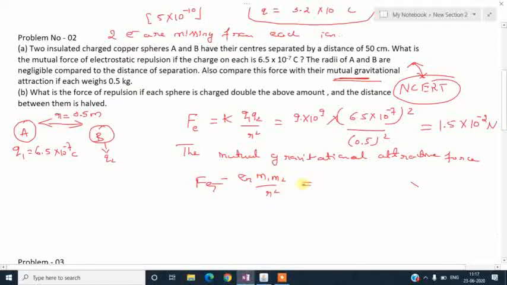They have given the mass also, each sphere weighs 0.5 kg. So substitute the things and you will get the value.